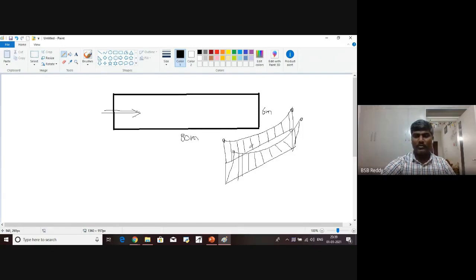So there are two main cables, and here is the vehicular path that we allow. So this is what the problem is.